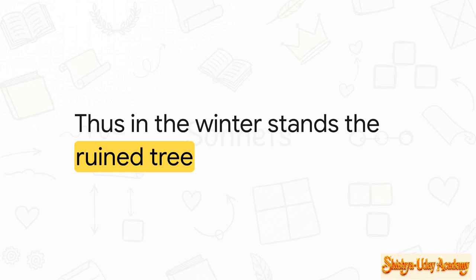But the exact fraction of a second she hits the word thus, the entire poem pivots on that hinge. It abruptly shifts the poem into a completely new emotional direction. She abandons the direct talk of human grief to introduce an entirely new, stark metaphor about a wintry, ruined tree. The perspective zooms way out. The tone hardens. That is the volta doing its job perfectly, seamlessly redirecting the poem's entire energy in a split second.